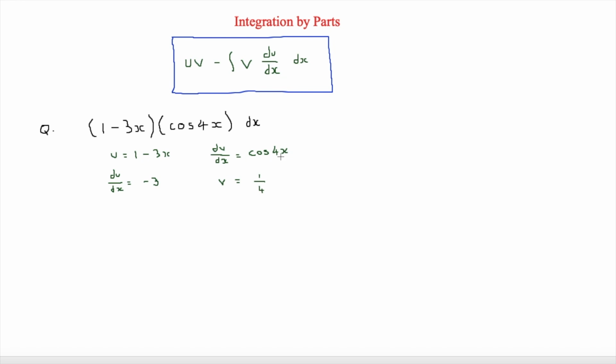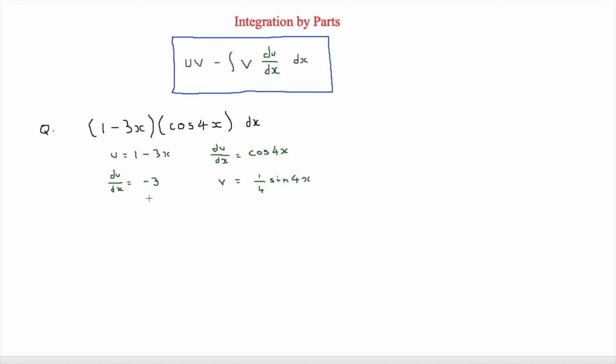When we're integrating, it's going to be 1 divided by 4 because we have 1 in front of this. Then it's going to be sine, because cos integrates to give sine, and then 4x. So now we have each of these. Now we just have to put it into this.